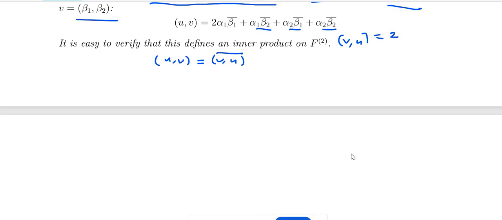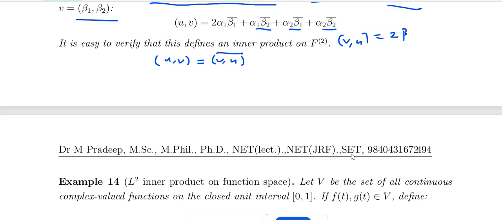You take 2 beta 1 alpha 1 bar and beta 2 alpha 1 bar plus beta 1 alpha 2 bar like this, and beta 2 alpha 2 bar.